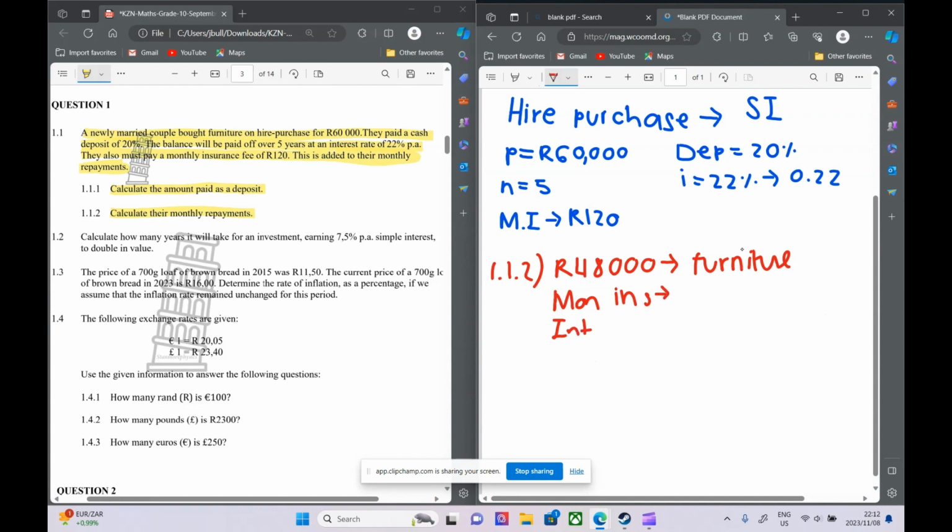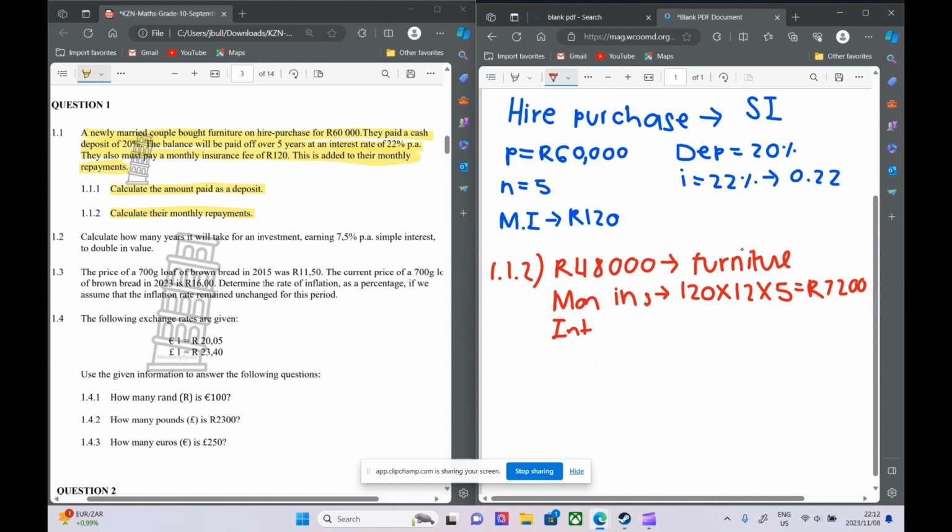It is 120 Rand a month, 12 months in a year, and it is for 5 years. So we work that out: 120 times 12 times 5. They are going to pay 7,200 in total on that monthly insurance.